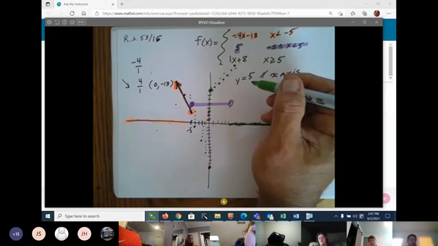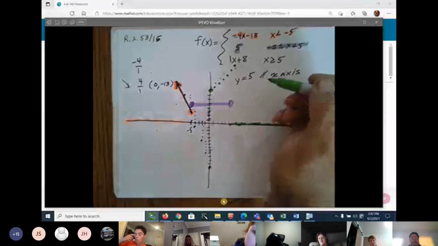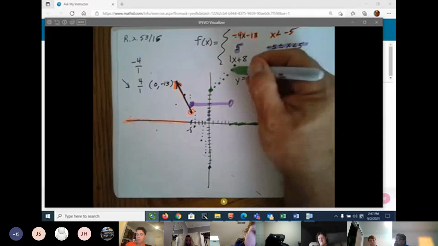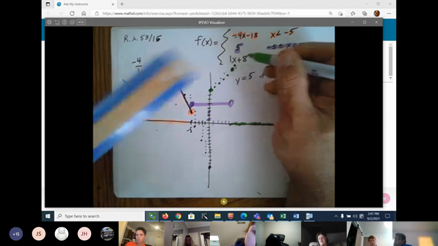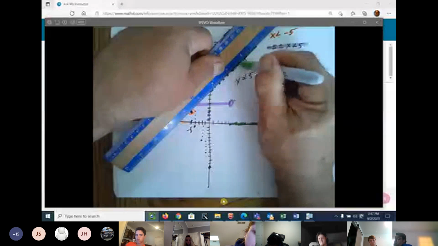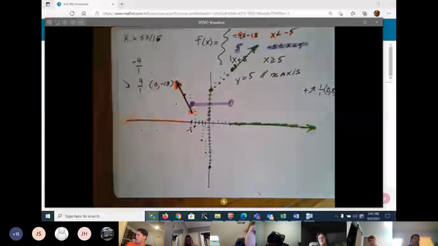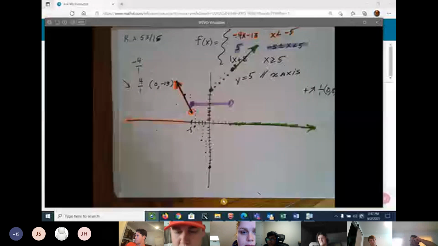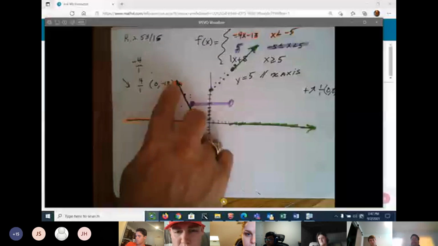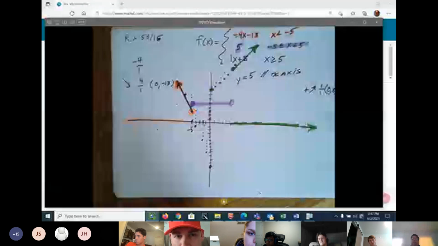So it looks something like this. And that's what it should look like. Now it's by hand, so it's a little bit rough, but you should have a line coming down, then here to here, and then here to here.